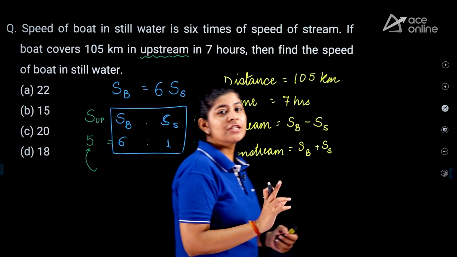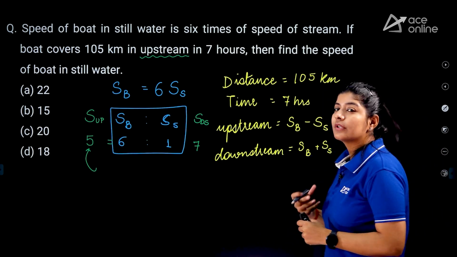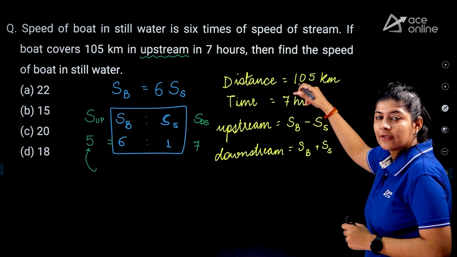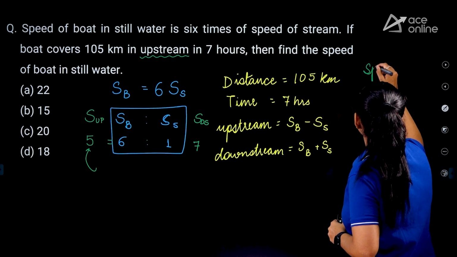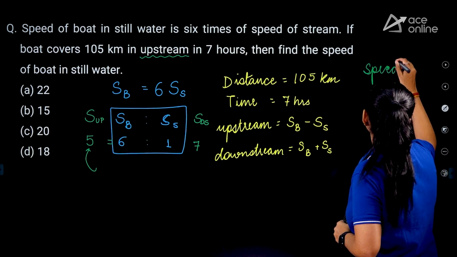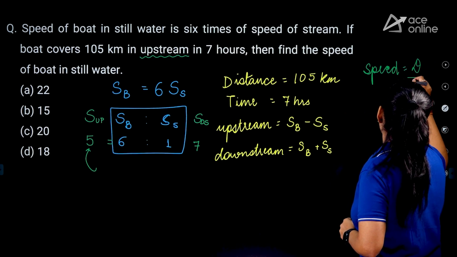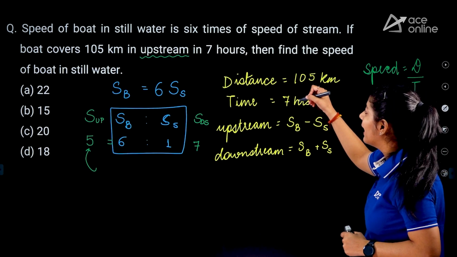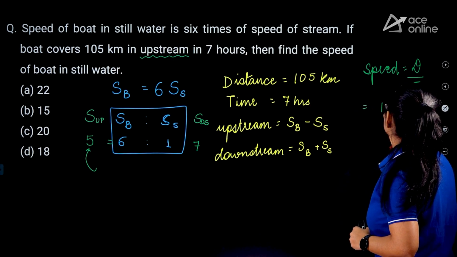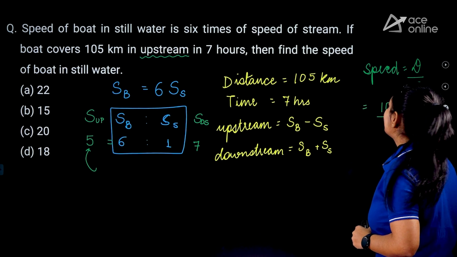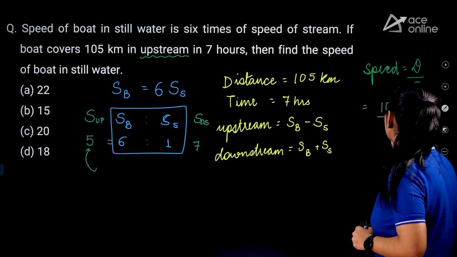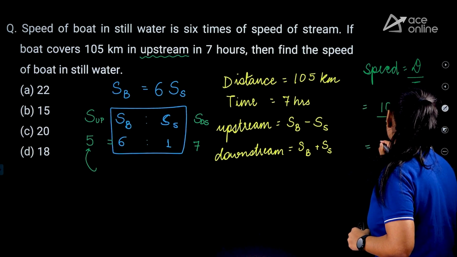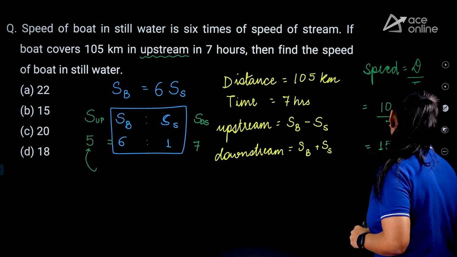Okay, so first we just simply try to find out the value of speed with respect to this particular value. So we know that speed is nothing but distance upon time, right? So we can say that we require this much speed to cover 105 kilometer in 7 hours, which is nothing but we require 15.